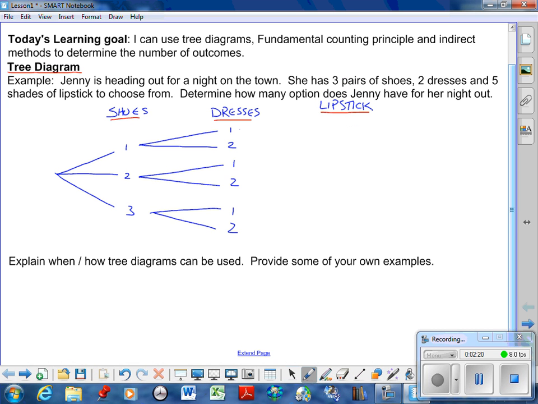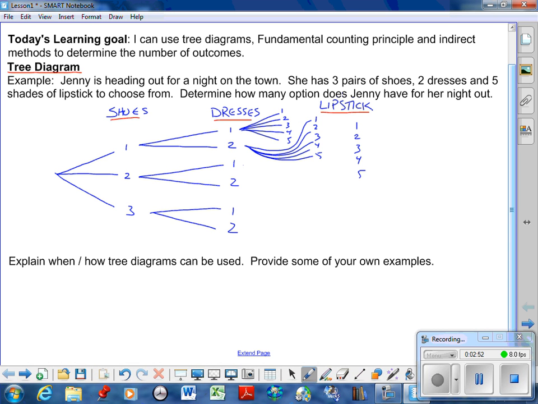So this combination would have 1, 2, 3, 4, 5. The next one, 1, 2, 3, 4, 5. And so on and so forth. Each of these would have 5 combinations.